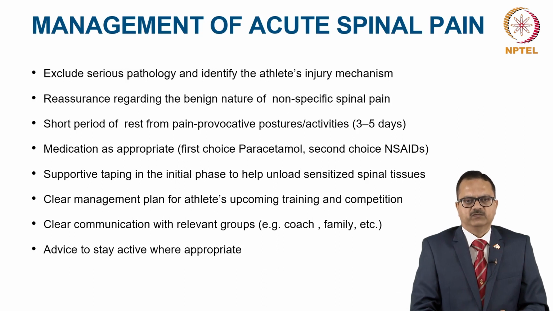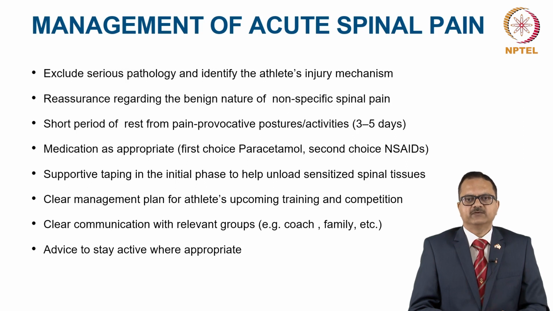Now, we have taken the history, we have classified the pain, we have done the assessment. Now, how do we do the management of a case of acute spinal pain in athletes? Number one, exclude any serious pathology. They are called red flag signs in back pain, and they have to be excluded first.